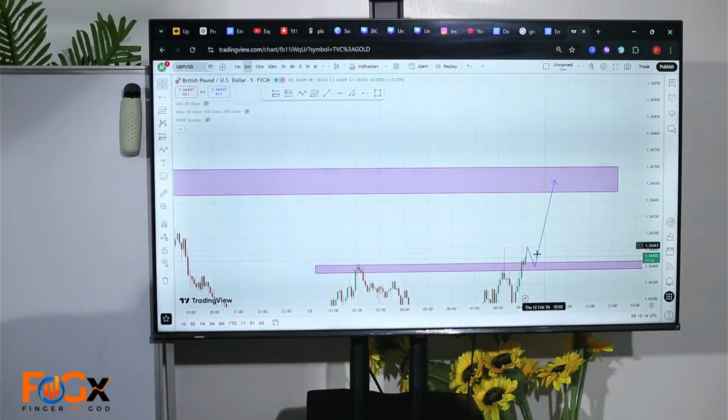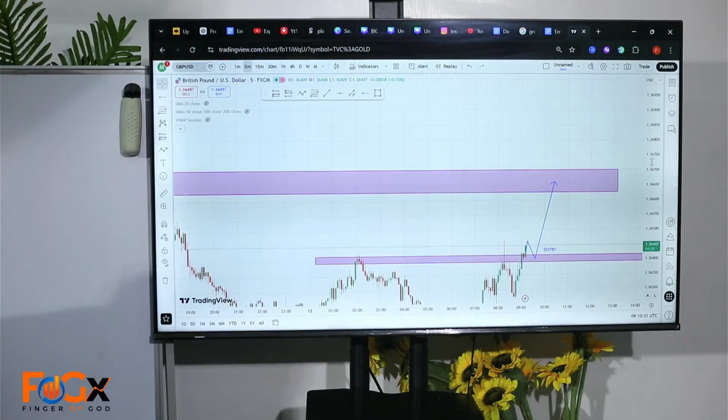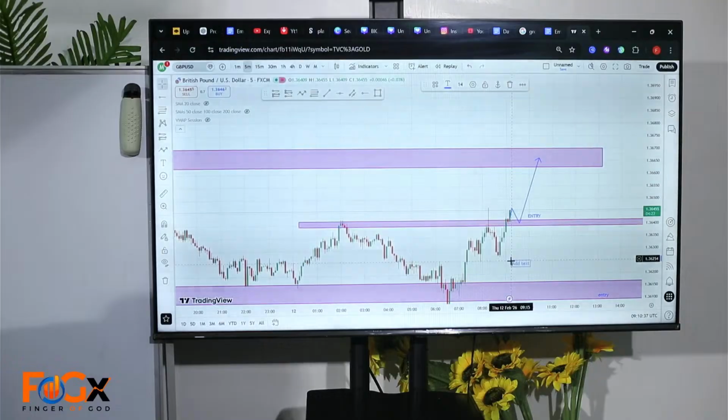So my entry is just around this area. That's my entry. My stop loss is here, below this.